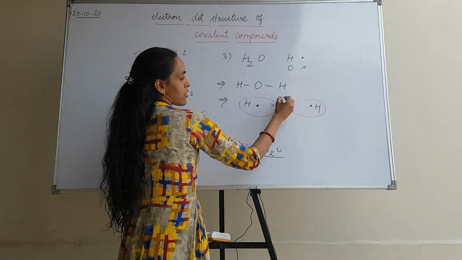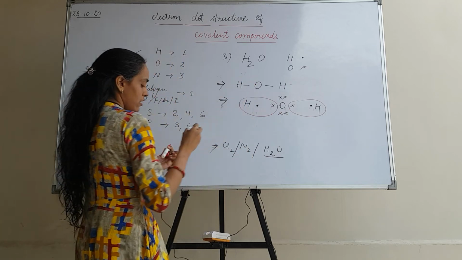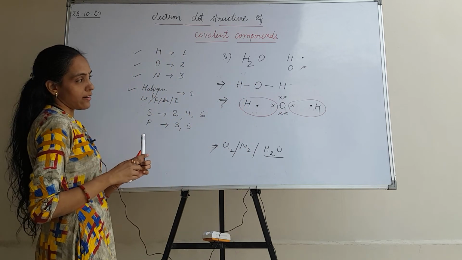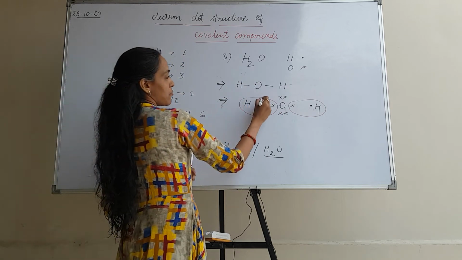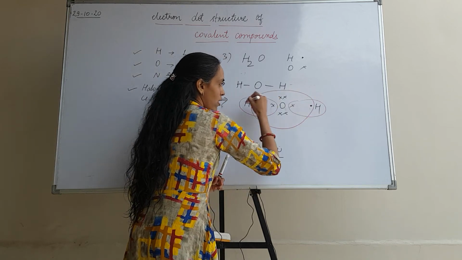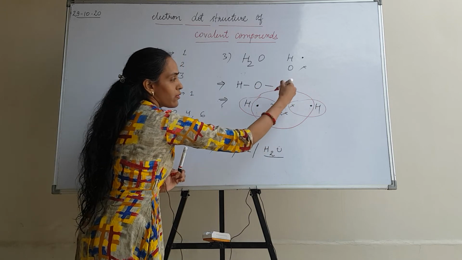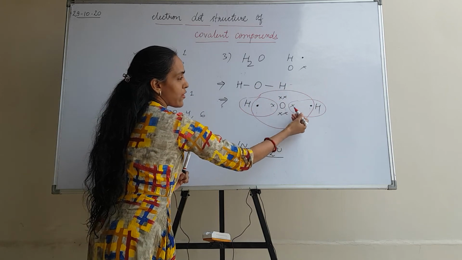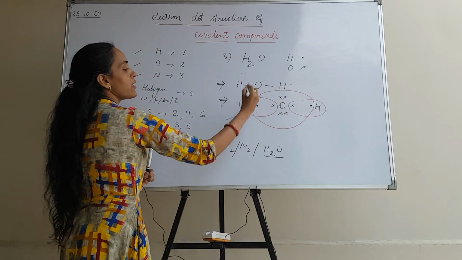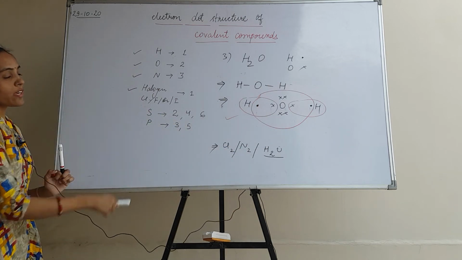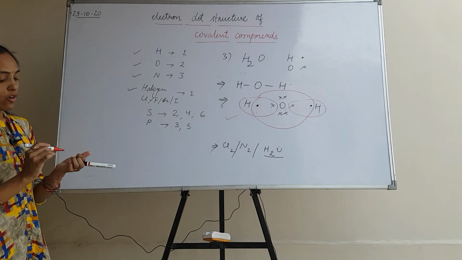So 5, 6, 7, 8. Now this oxygen is satisfied. Now oxygen's stomach is full, because oxygen has taken all 8 electrons here. You can count in this circle with the oxygen 1, 2, 3, 4, 5, 6, 7, 8. Octet completed. So this way we can draw the electron dot structure.